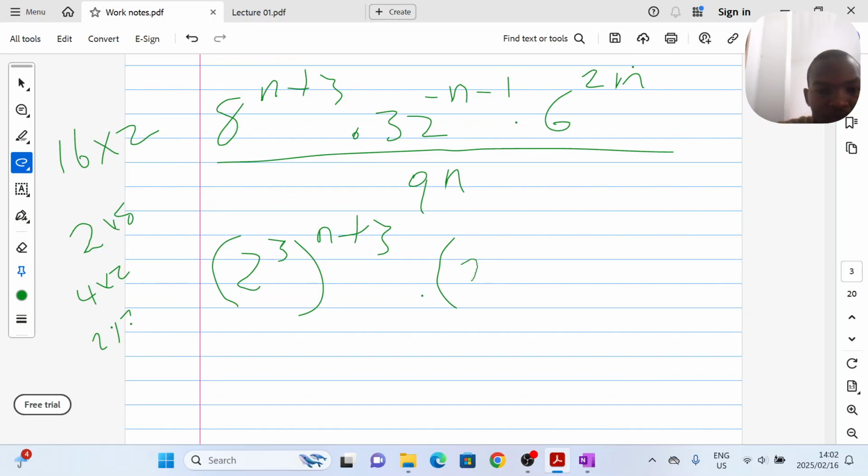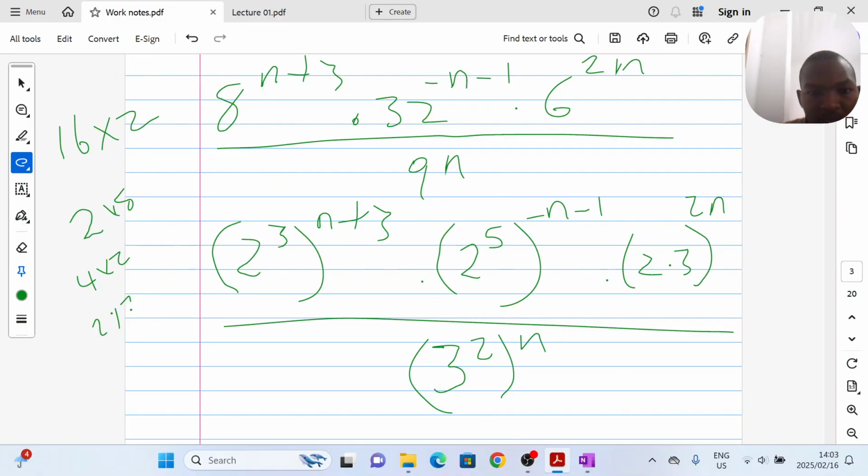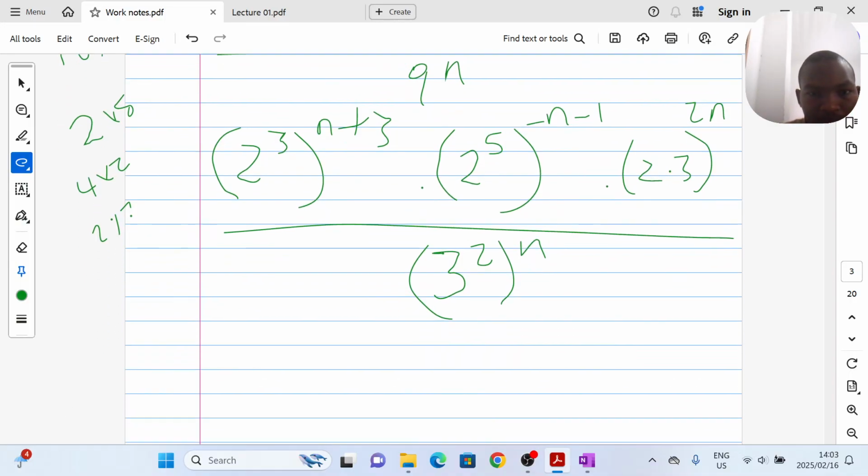So this is supposed to be 2 to the power 5 raised to minus n minus 1, times 6 is the same as 2 times 3 to the power 2n. And then 9 is the same as 3 squared raised to the power n. So how do we proceed with that?